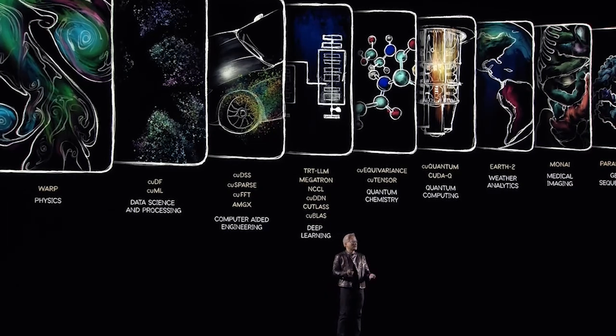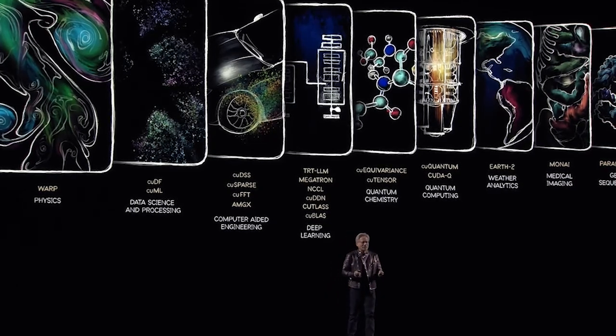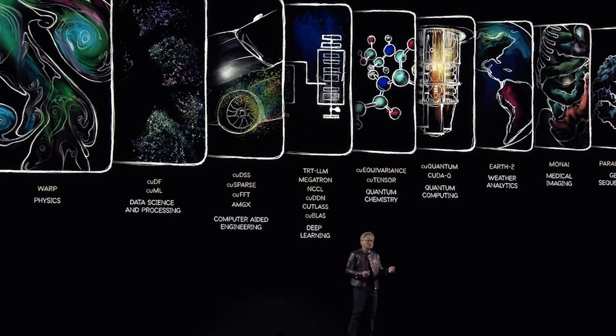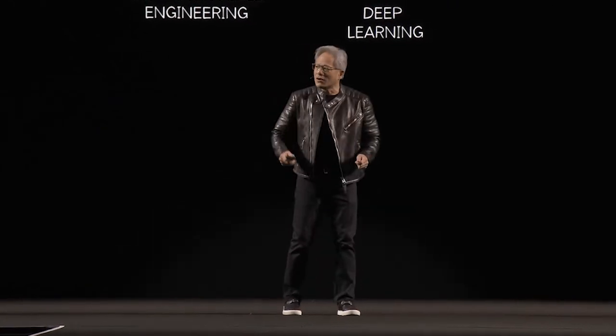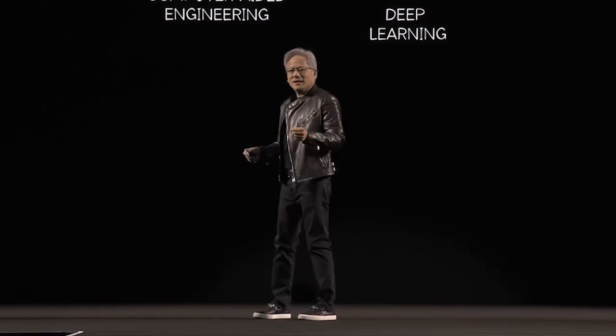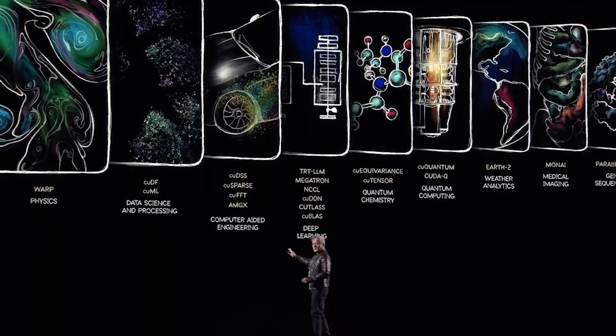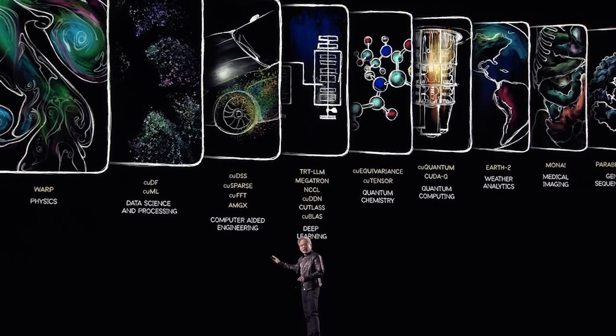This is one of the biggest things that has happened in the last year. Working with Cadence and Synopsys and Ansys and Dassault and all of the systems companies, we've now made it possible for just about every important EDA and CAE library to be accelerated.